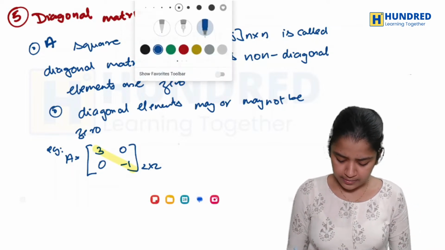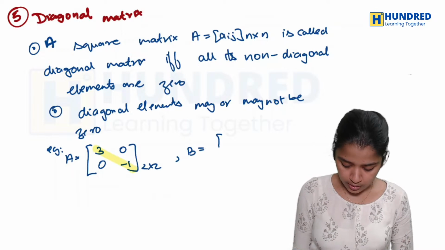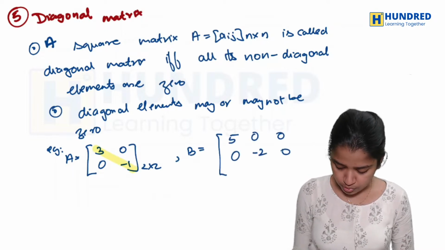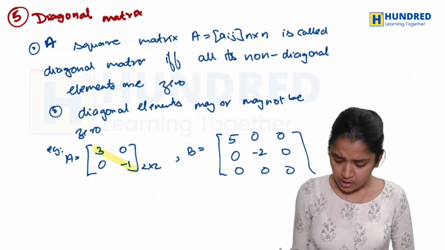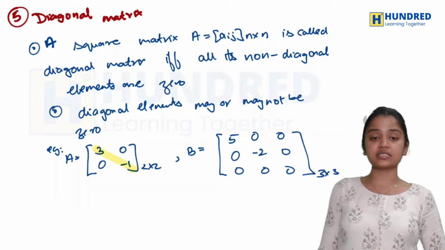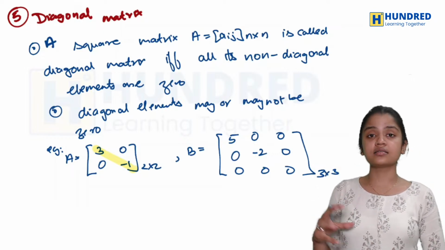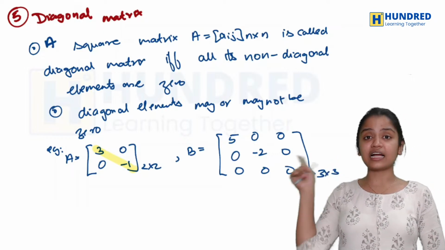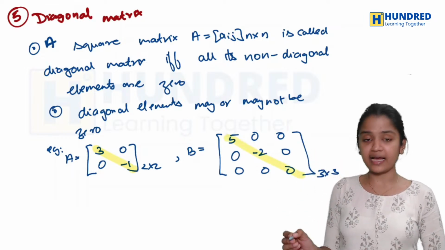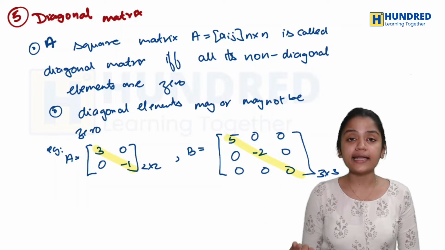One more example is B is equal to 5, 0, 0, 0, minus 2, 0, 0, 0, 0. So this is again a 3 cross 3 matrix, so this is a square matrix. That condition is there. Look at the diagonal. What are the non-diagonal elements?